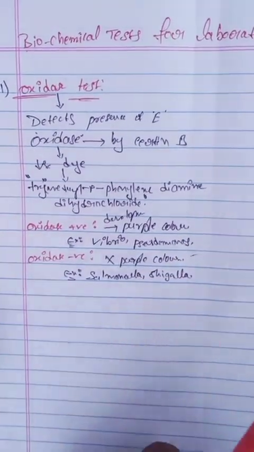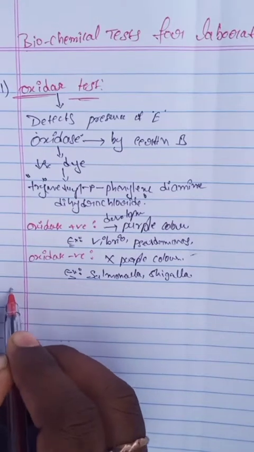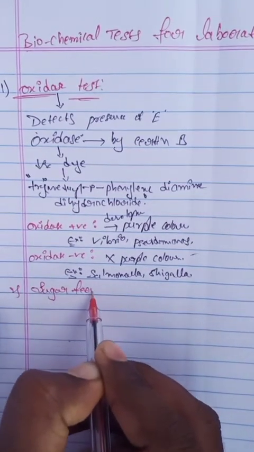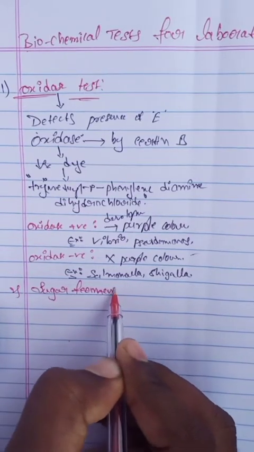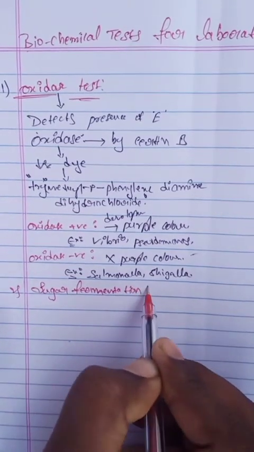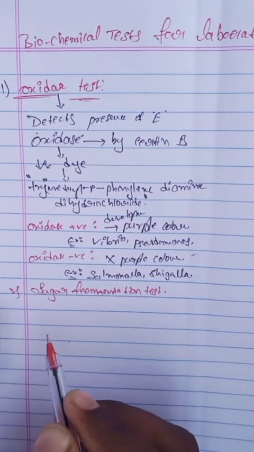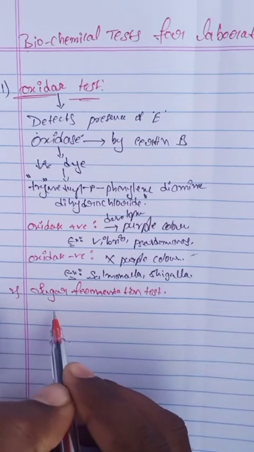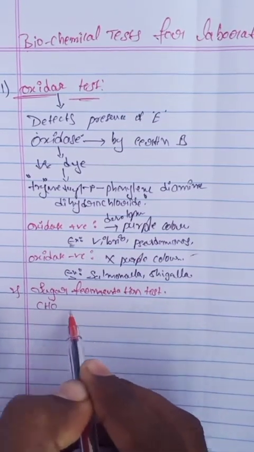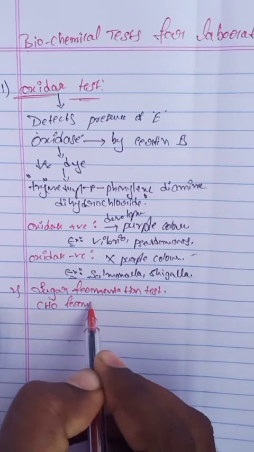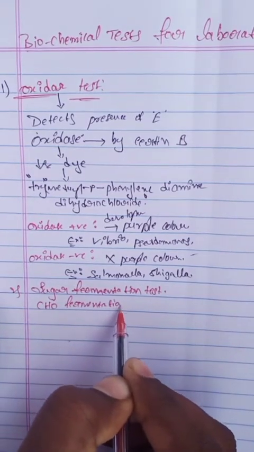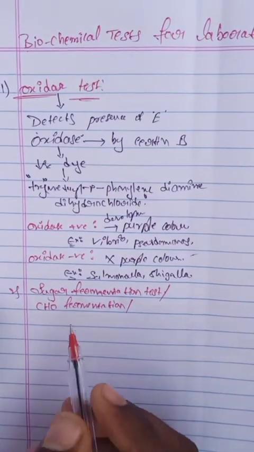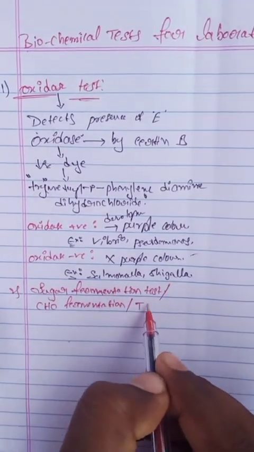The next test is the sugar fermentation test, also known as the carbohydrate fermentation test, and as well as the TSI.